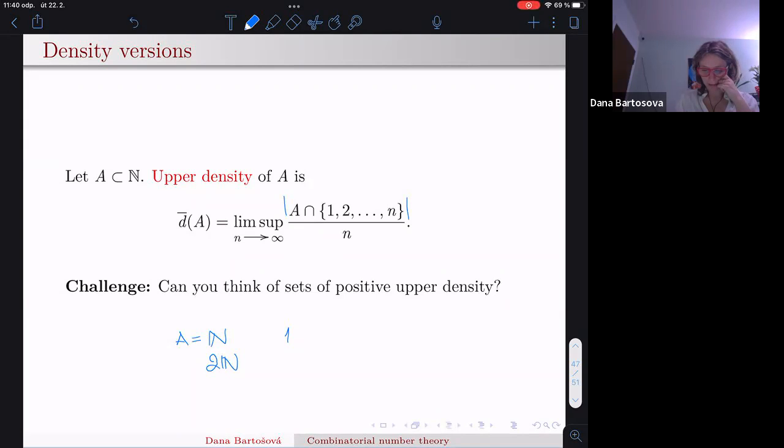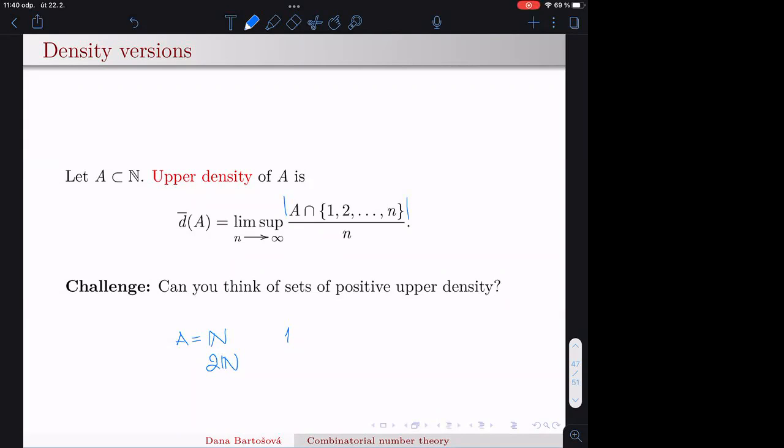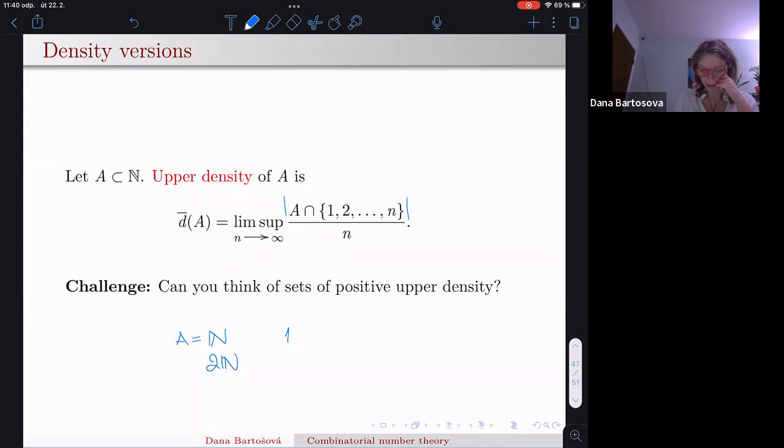So let's see how these numbers look like, right? So let's say that we start from 2, right? So I have 2, 4, 6, and so on. And then I'm measuring it with respect to 1, 2, 3, 4, right?